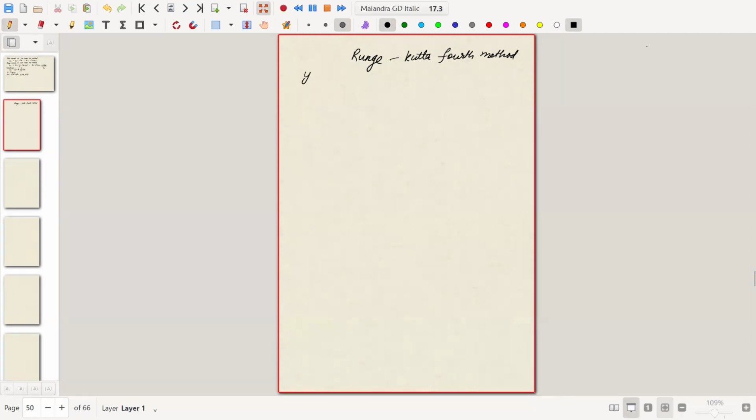So again, you have your differential equation, y prime is f of (x, y). The Runge-Kutta method is given as follows: y_{i+1} equals y_i plus h times the summation of a_j k_j, with j equals 1 to 4. Now you must be wondering what these are.